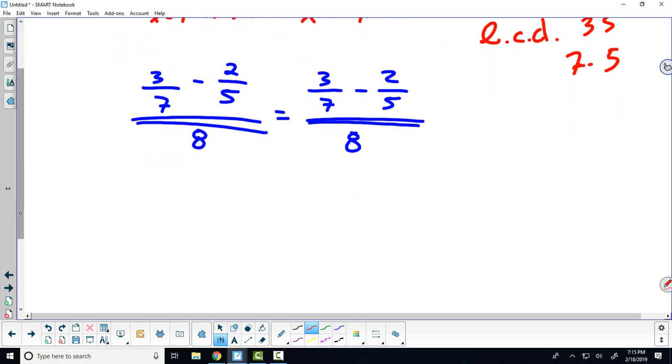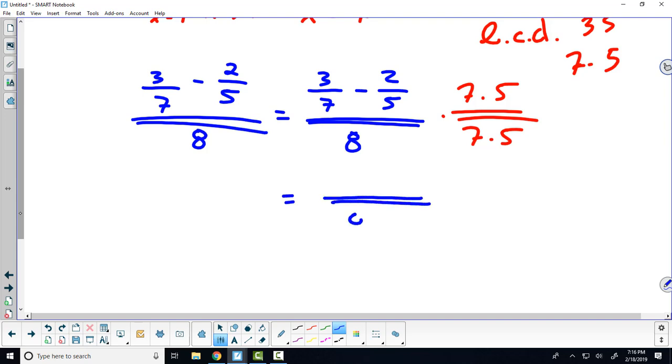We're going to go through it slowly with numbers, but then the algebra gets messy quickly. So I'm going to multiply this by 7 times 5 over 7 times 5. In the denominator here, I just have 8 times 7 times 5, right?